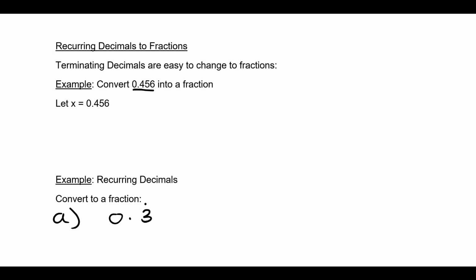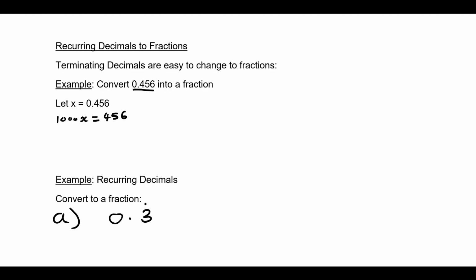Now, one thing we could do is let x equal 0.456. We could then multiply both sides by 1,000. So I have 1,000x equal to 0.456 times 1,000, which is 456.